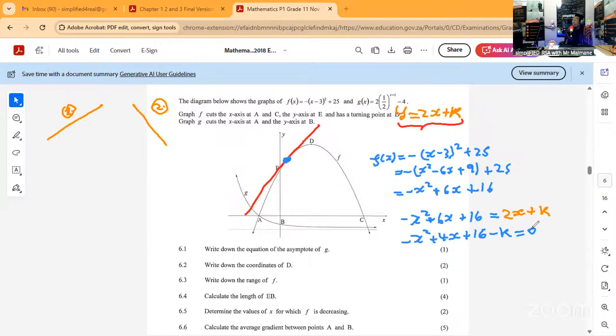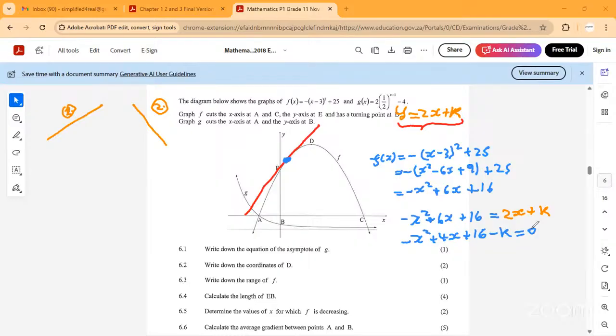Now you might be wondering, how do we find k? Can you solve it simultaneously? Even if you solve it simultaneously, we have three variables, x, y, and k.